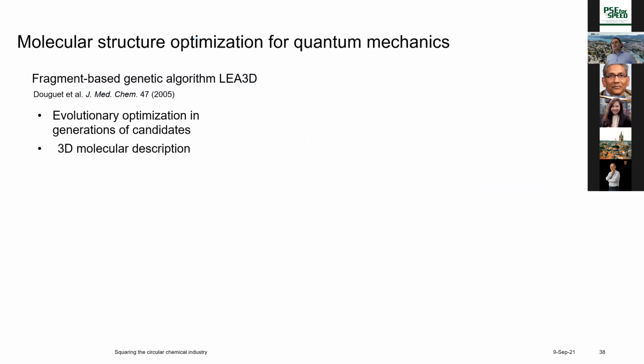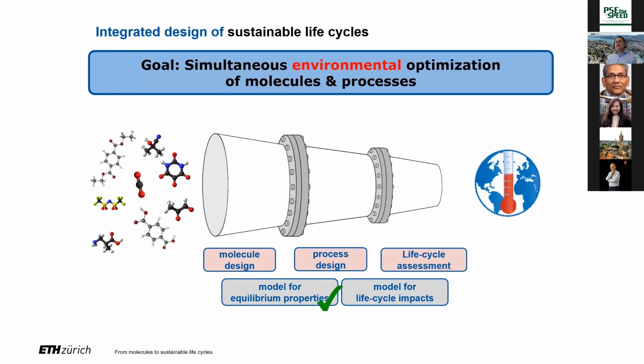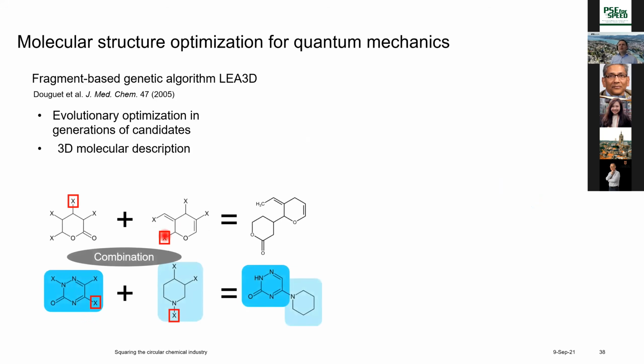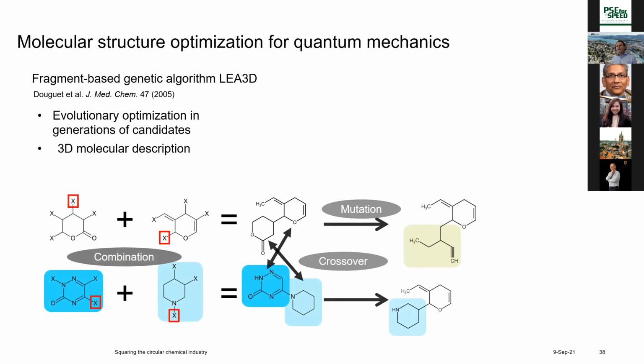Here we are using a kind of group contribution method, in particular a genetic algorithm, which is called fragment-based, but it's actually the same idea. I have fragments or groups, and I use these in an evolutionary algorithm that can combine different groups. I can have mutation, that is, I change a part, or I can cross over between different molecules, and then I come up with a new generation of proposed structures.